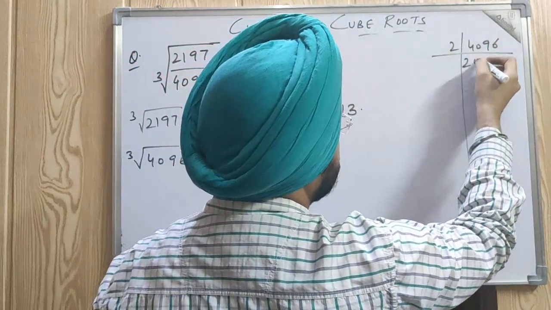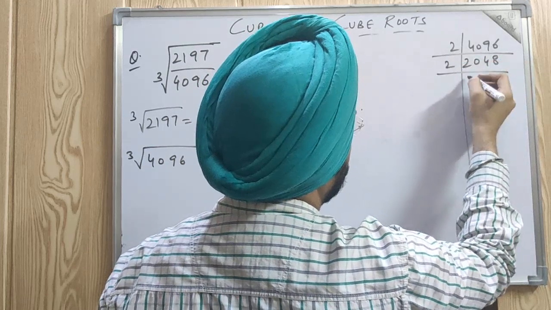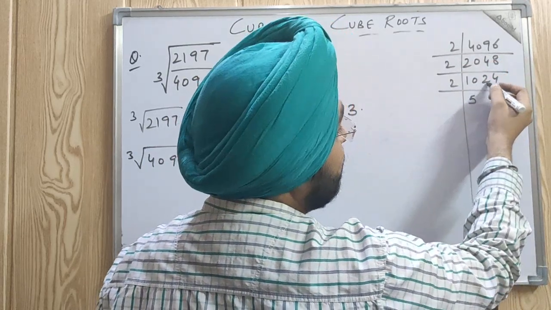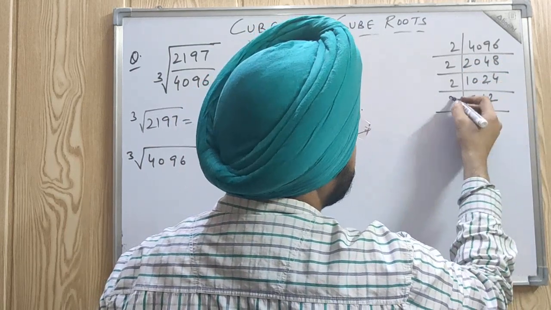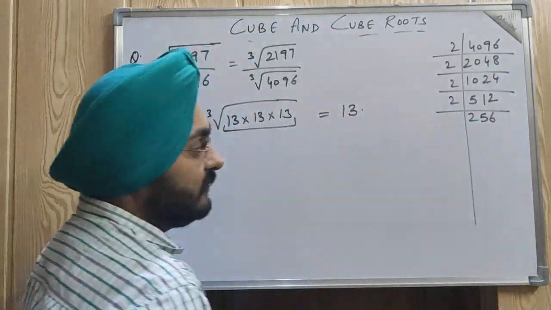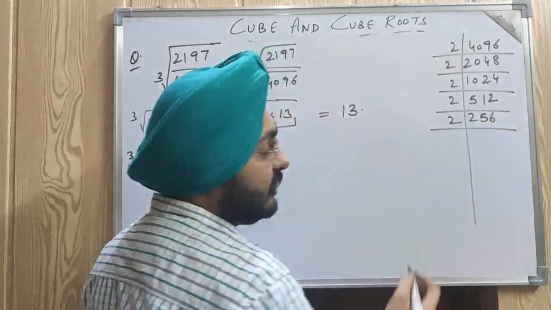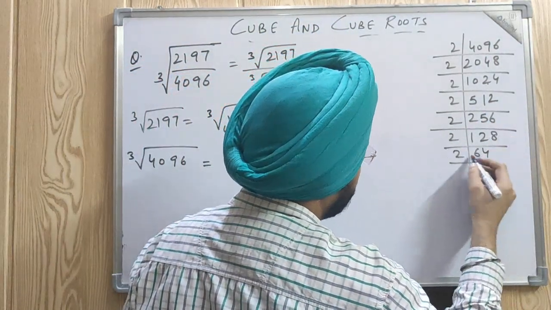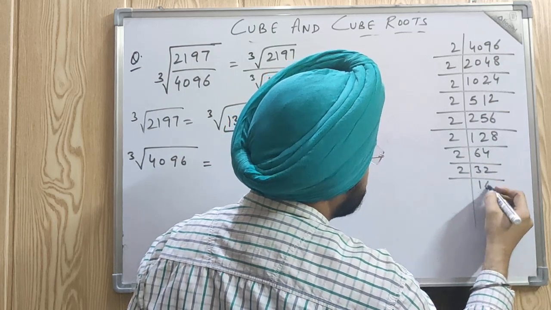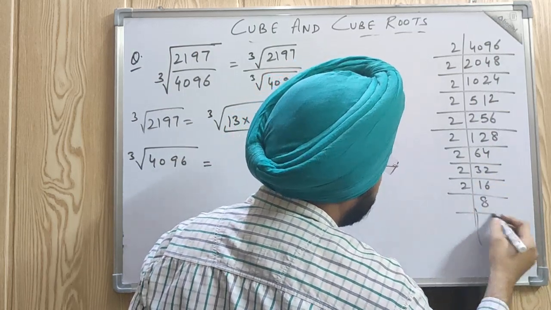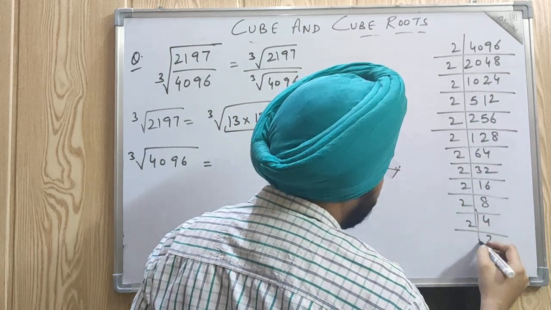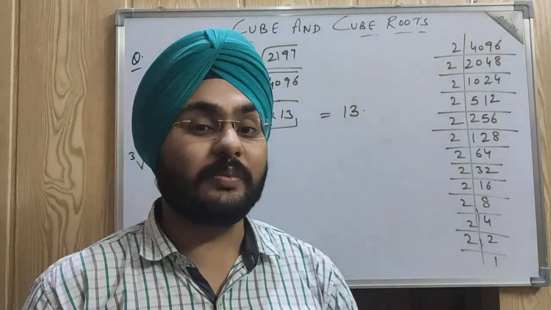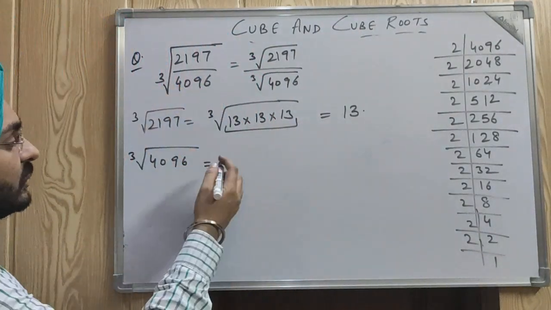So 2, 2048, then with 2 only 1024, then again 2, 512, then 256, then again with 2, 128, then again 2, 64, 32, 16, 8, 4, 2 and 1. I hope this will be a very long prime factorization here, but there will be no confusion.